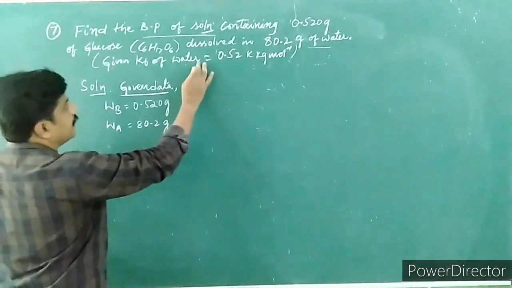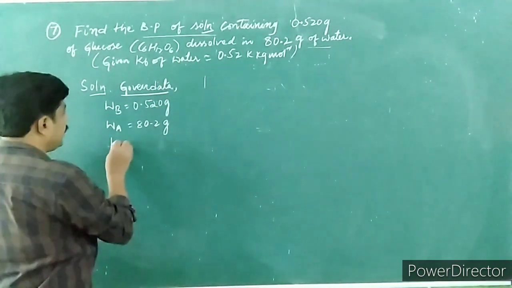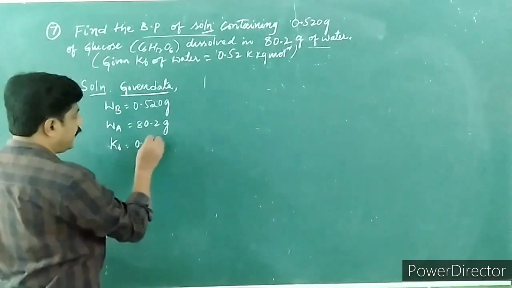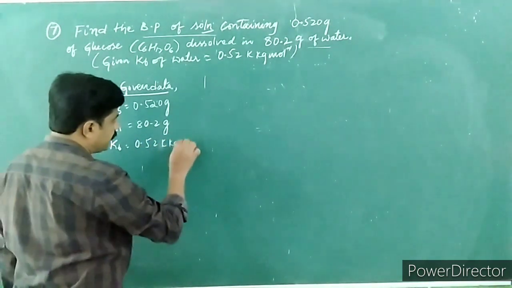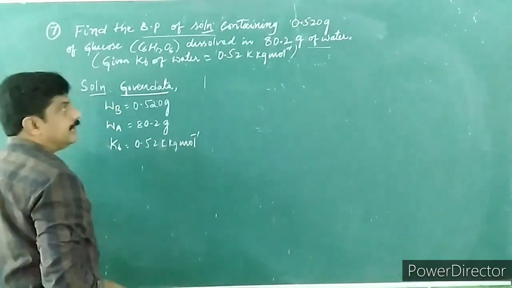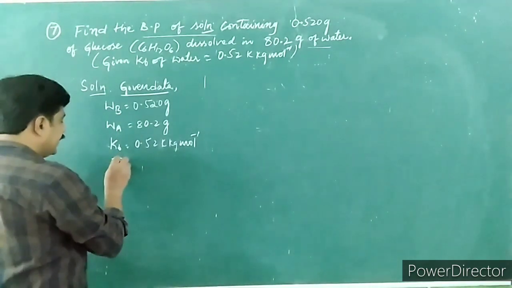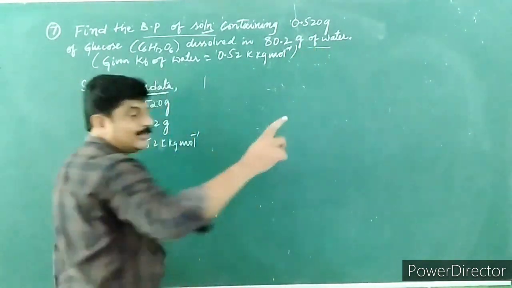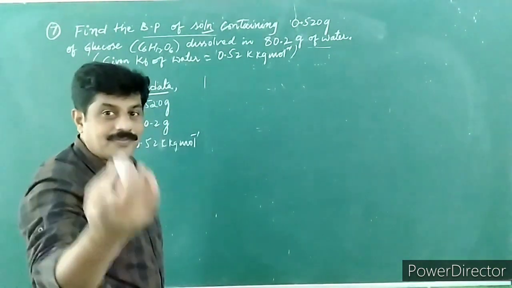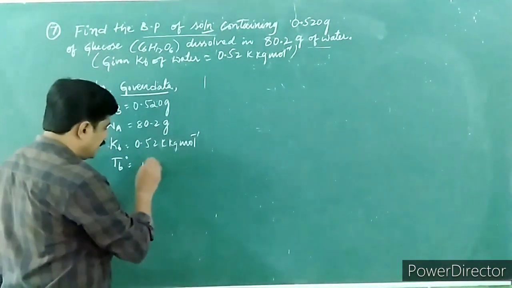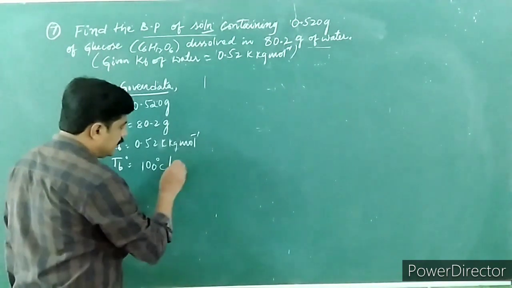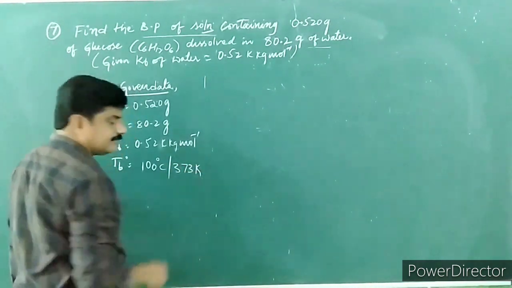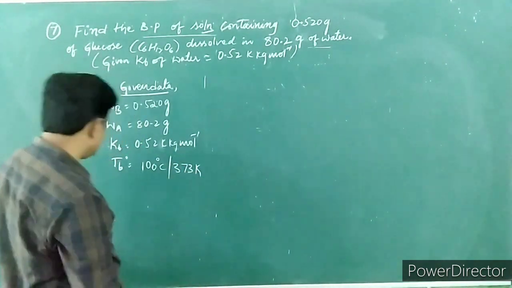And what is given here? Look at here, Kb of water is given. Kb of water is equal to 0.52 Kelvin kg per mole. And you also know that TB naught, as water is a solvent, the boiling point of water, that is how much? It is 100 degrees Celsius, or you can write 373 Kelvin. Any one is sufficient for me.